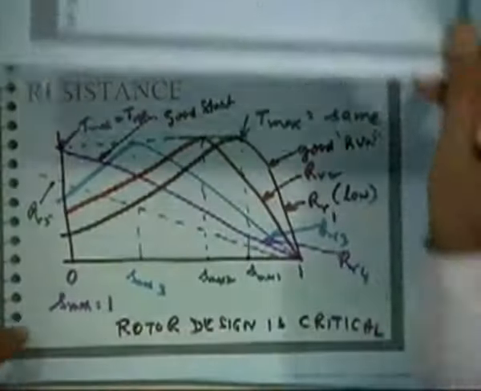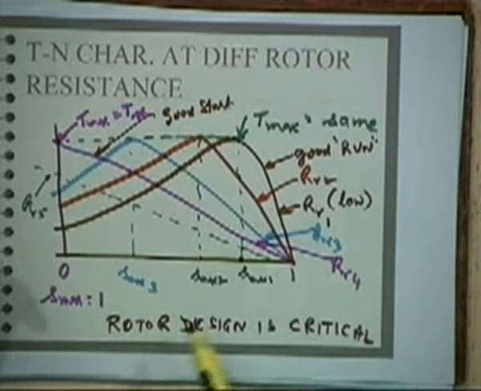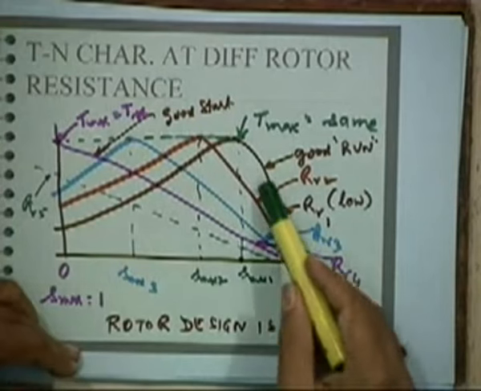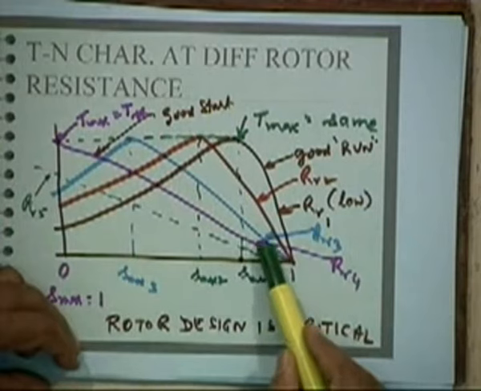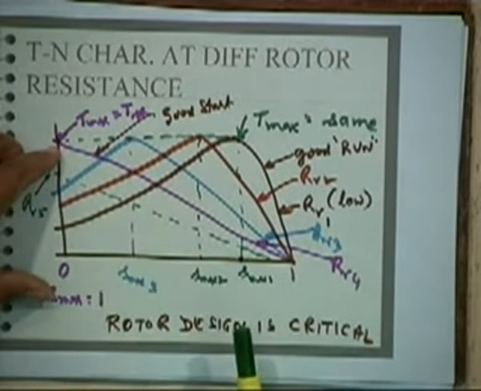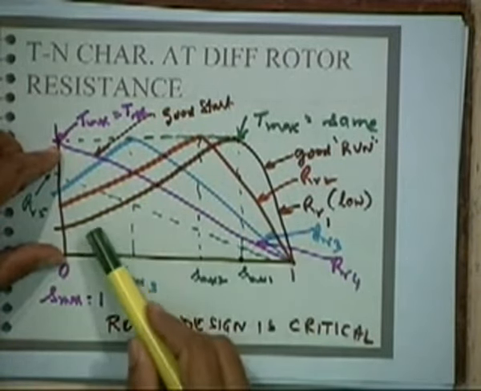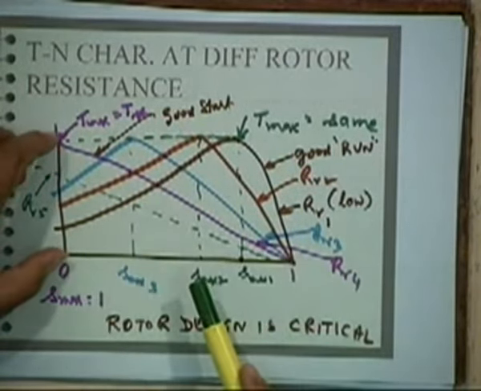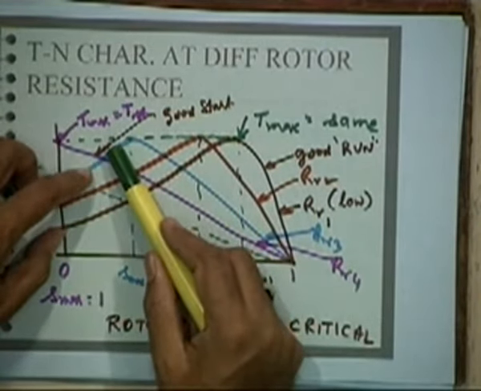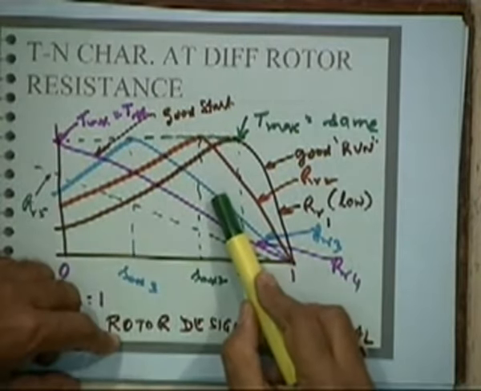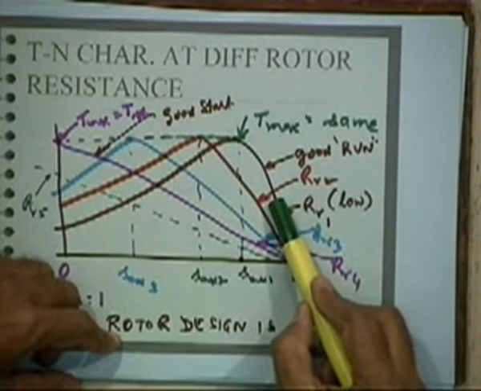Now to understand this quickly, we already studied earlier that by changing the rotor resistance you have a family of characteristics, isn't it? High rotor resistance means you can have a good starting torque. If you start here, you have a very high accelerating torque, then you disengage certain portions and go to this rotor resistance, then to this one, ultimately removing all the external rotor resistance.